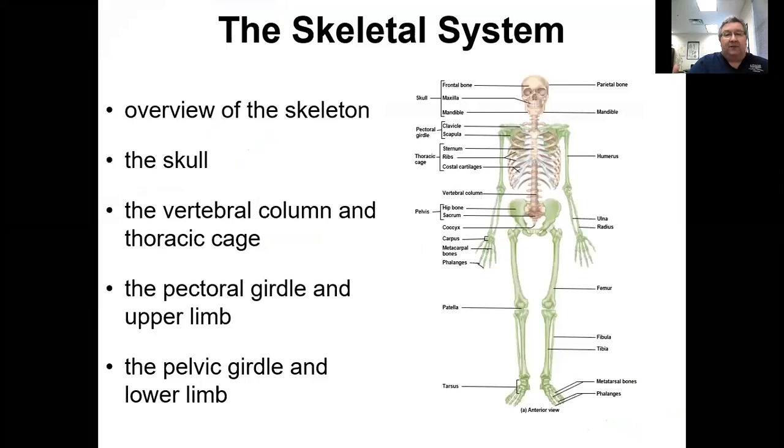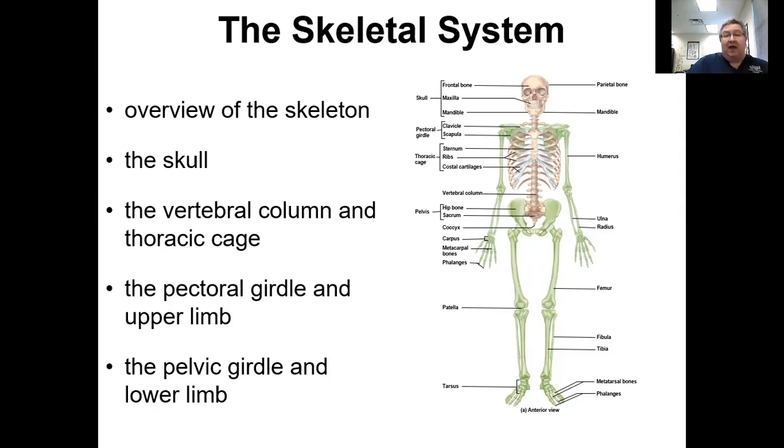So the skeletal system, what we're doing is we're going over it. Basically, we have the skull, the vertebral column, and that is the basis of the human body. All right, that's what we work off of.